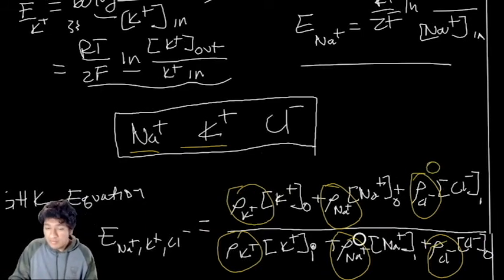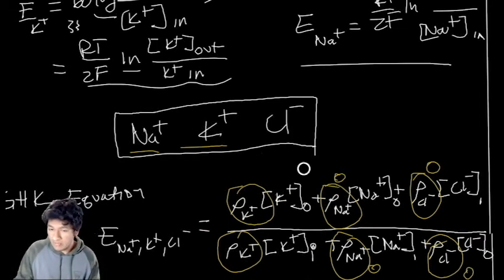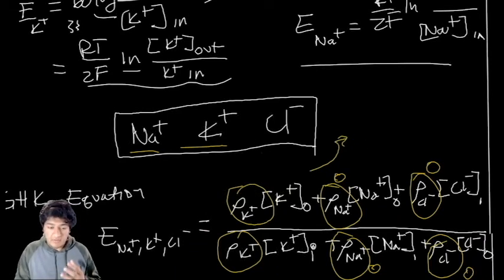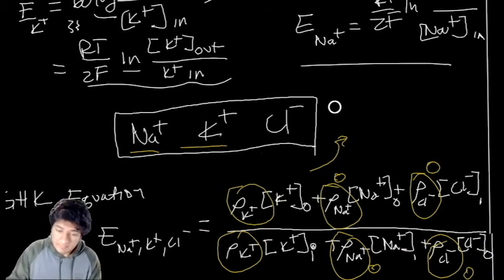Let's say the membrane was not permeable to both sodium and chlorine. That means the coefficients for these will be 0, and 0 times anything is 0. So what we're left with is just the formula for the membrane potential permeable to potassium, and we would get, quite literally, the Nernst equation for potassium.